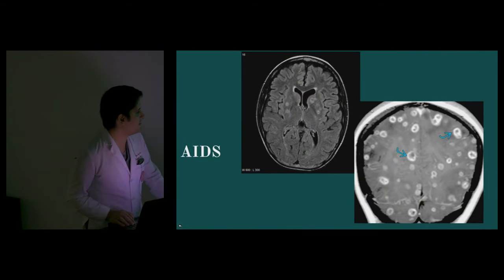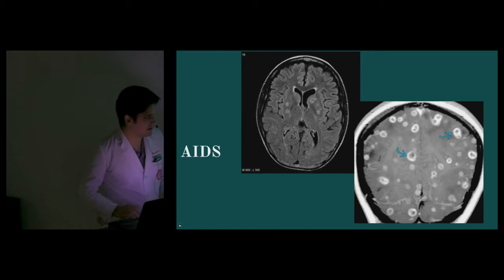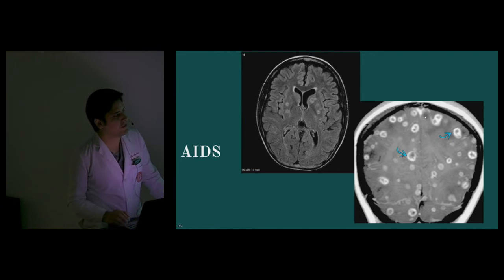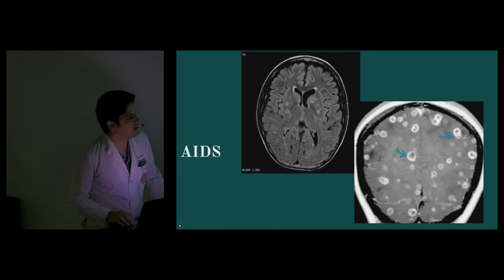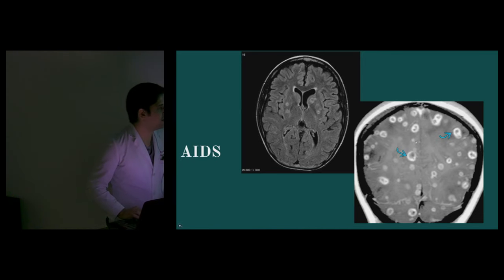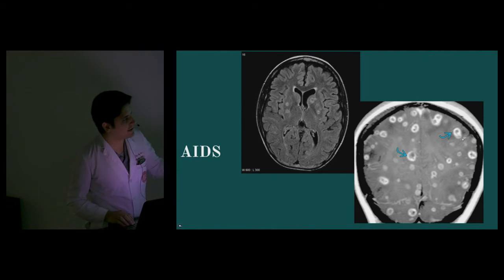The A comes from AIDS. The most important or more prevalent lesion is the toxoplasmosis lesion, and the most important differential diagnosis is lymphoma, but these lesions don't show a peak of choline on the spectrum, and they don't show restricted diffusion.